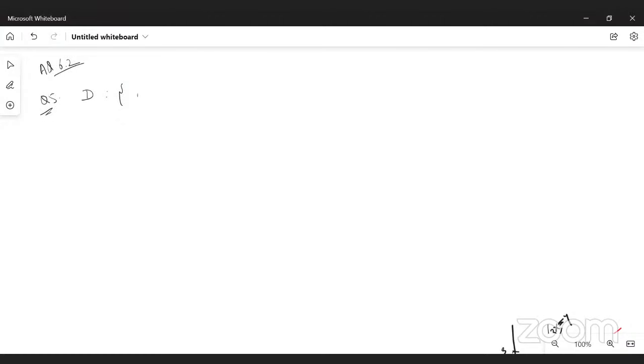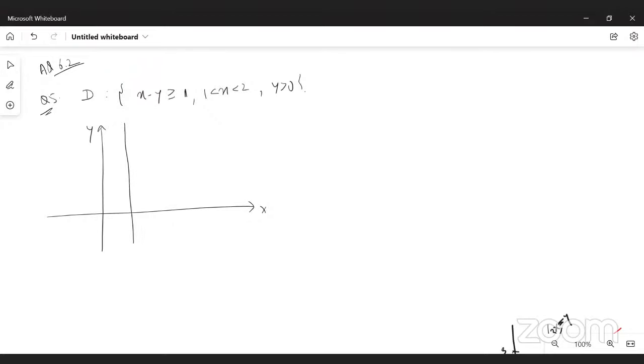So x minus y is greater than or equal to 1, x lying between 1 to 2, and y is greater than 0. So this is 1, this is 2, and x minus y equal to 1.